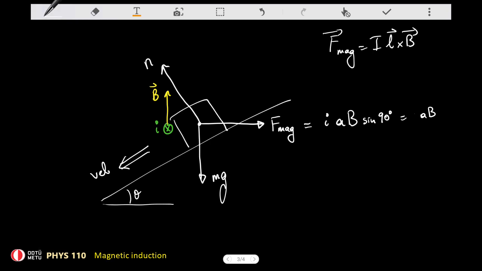Little i was BAV cosine theta divided by R. So therefore this is B squared A squared V divided by R times cosine theta.